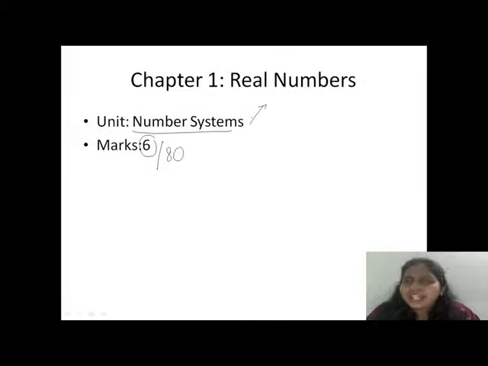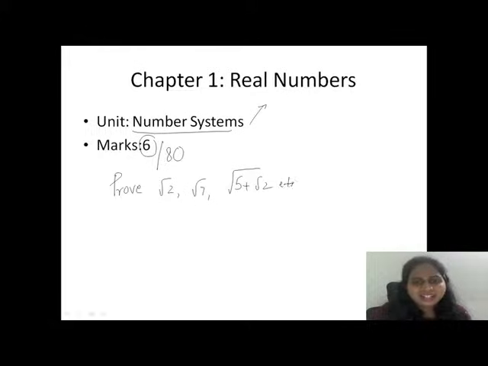I think most of the students feel real numbers are super easy. The reason is that there is one question which is frequently asked in every year of the 10th exam paper, that is, prove root 2 or root 7 or root 5 plus root 2, etc., is irrational.